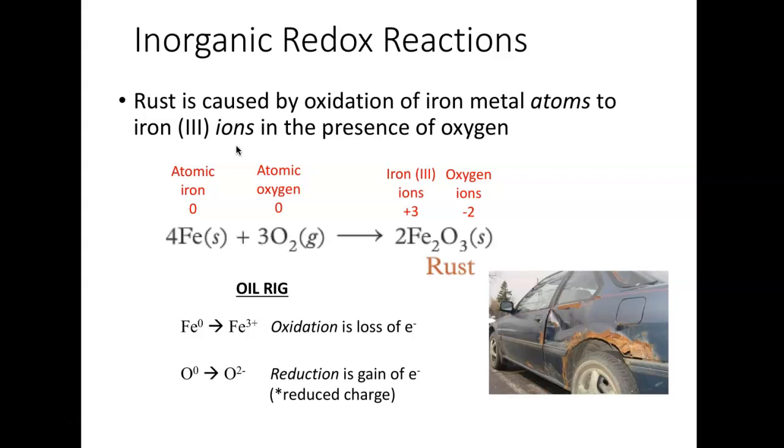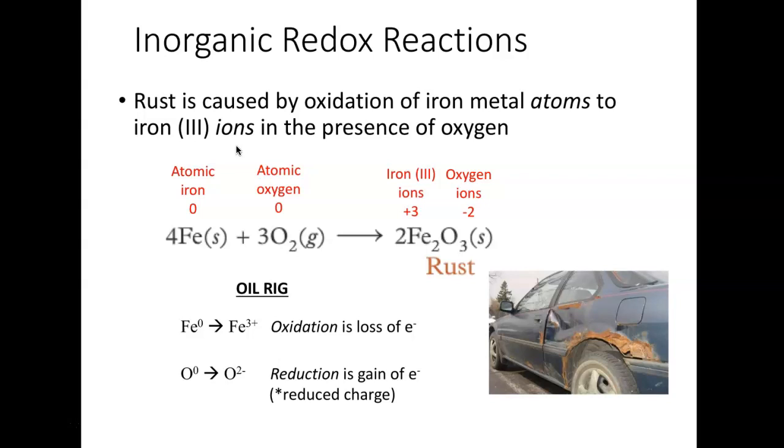But iron oxide is a compound that's made of a metal and a nonmetal. It's an ionic compound, and by definition, ionic compounds are made of ions. So even though this compound is neutral, we know from previous chapters that it's actually made up of two types of charged particles.